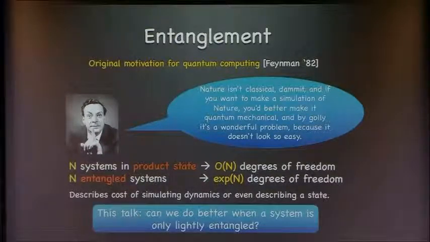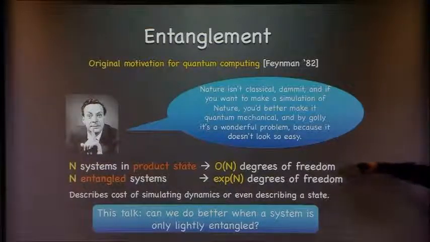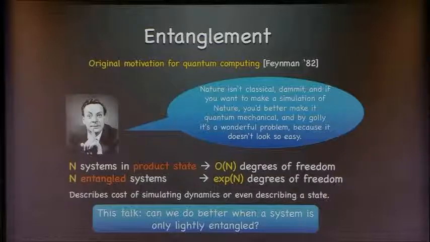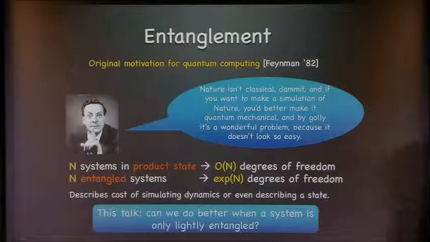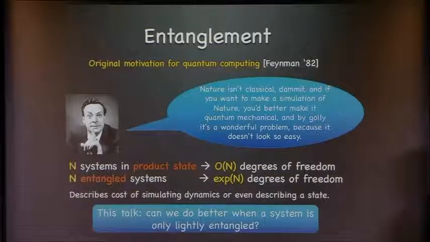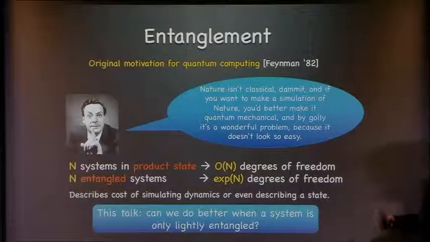And so in this talk, I want to address the question of when a system is lightly entangled, can we do better? So these are kind of two extremes. A product state has no entanglement at all, and we can simulate it efficiently. We can write it down efficiently, we can simulate dynamics efficiently, everything's great. A completely general entangled system is very expensive to simulate. It's exponentially more expensive.